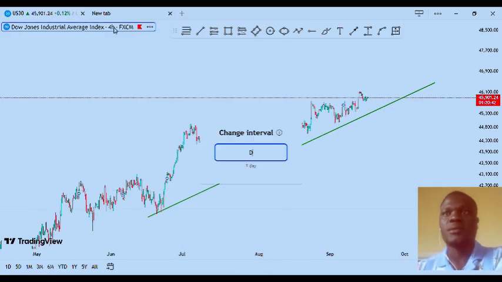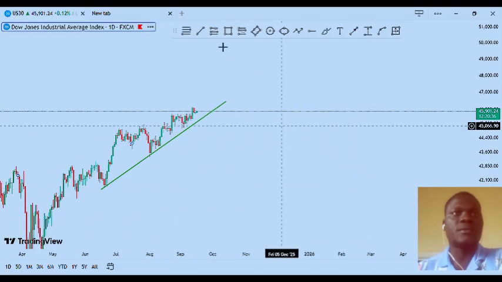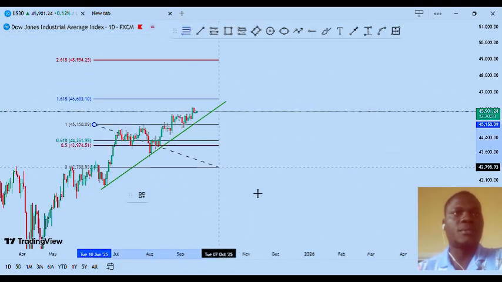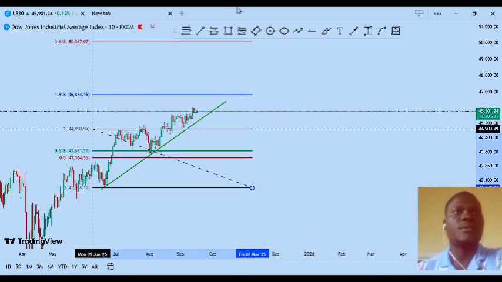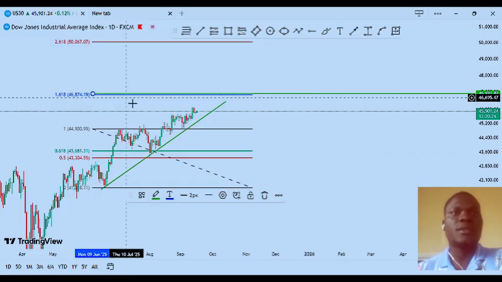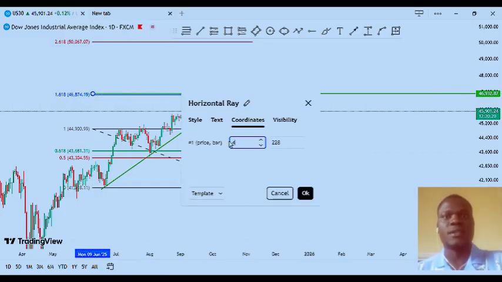Let me draw this extension level here, from swing high to swing low. The next level right here is 47,000, a round number of 47,000. That is the next level for US30.